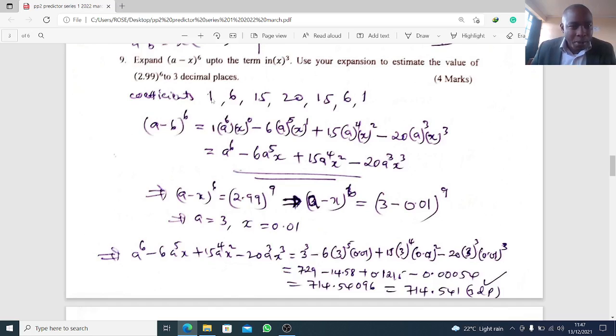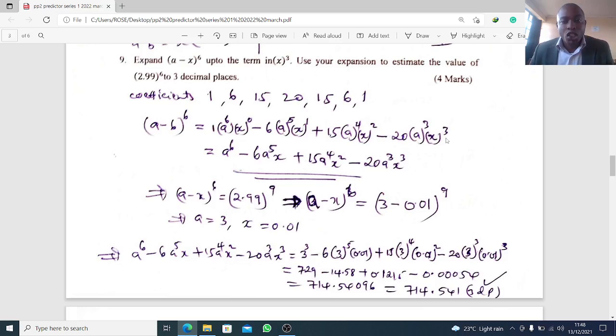So a power 6, remember the coefficient is 1 times a power of 6, x power of 0, minus 6 times a power of 5. The power of a reduces as the power of x increases. So 6a power of 5, x power of 1, then it will be now plus 15 times a power of 4, x power of 2, then minus 20 a power of 3, x power of 3.